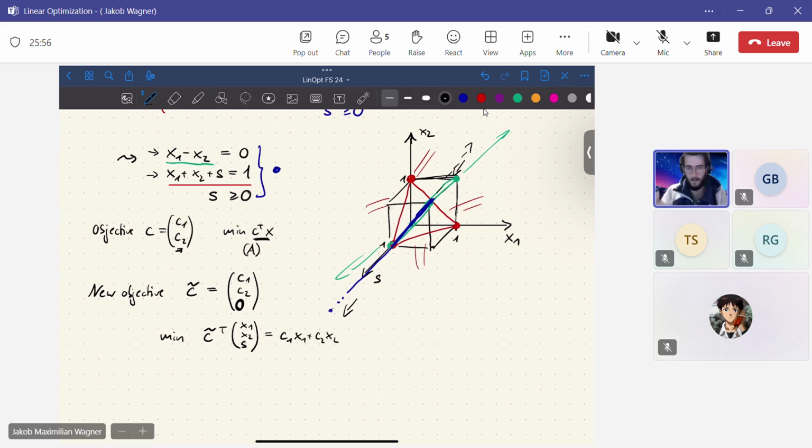So we keep the objective values the same, but now we have this three-dimensional feasible set of all x1 minus x2 is equal to 0, x1 plus x2 plus s is equal to 1, and s is greater or equal to 0.